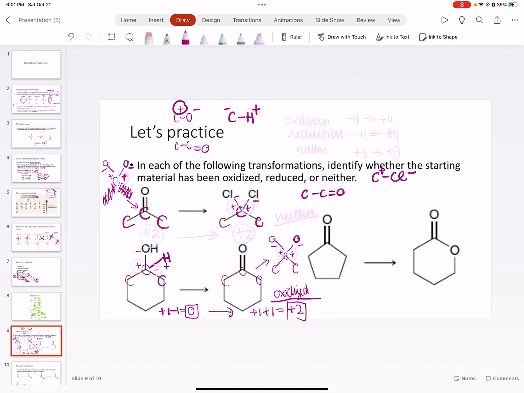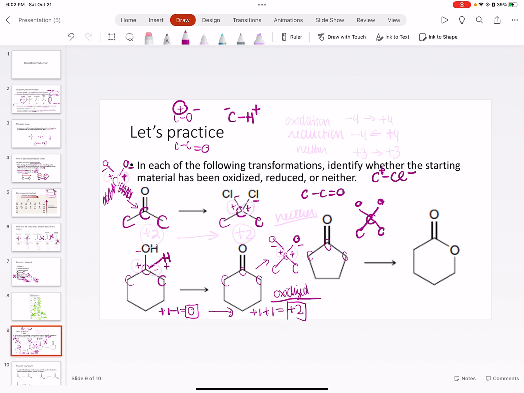Okay, so now we can look at the next one. We have carbon, carbon, carbon, carbon. My central carbon has 4 bonds, therefore it doesn't have a hidden hydrogen in there. Remember, we can always translate it. We have oxygen, oxygen, carbon, carbon, carbon, carbon.